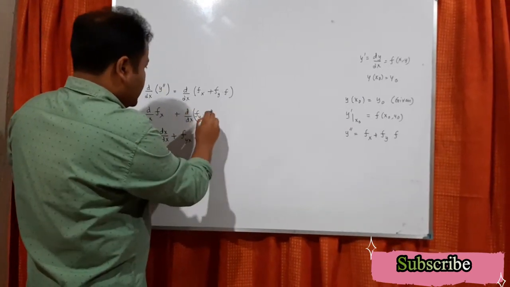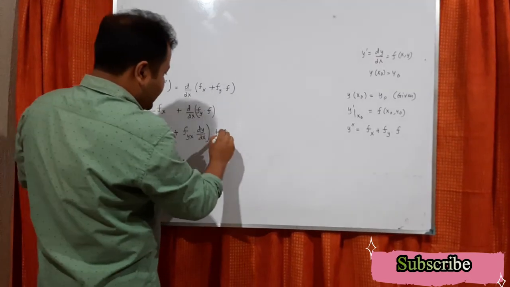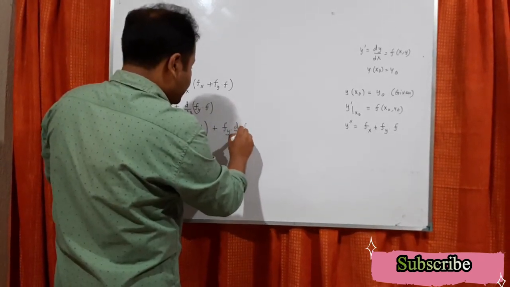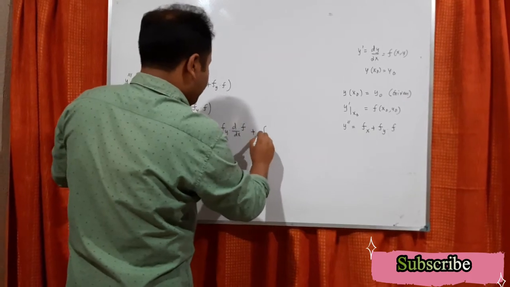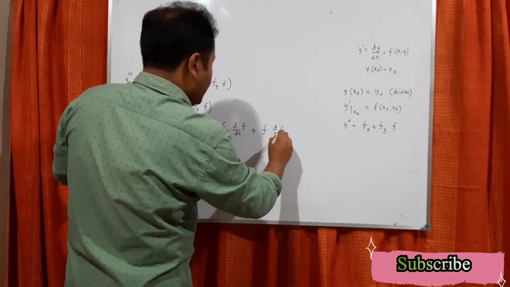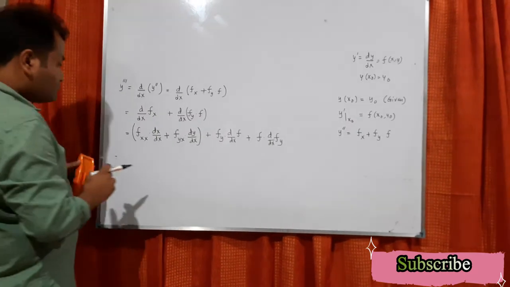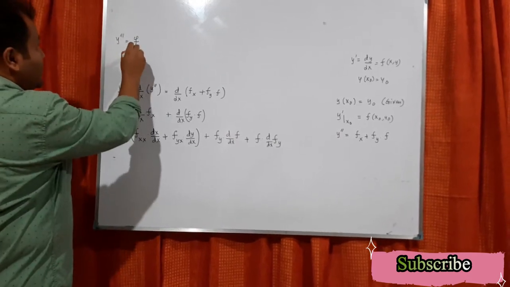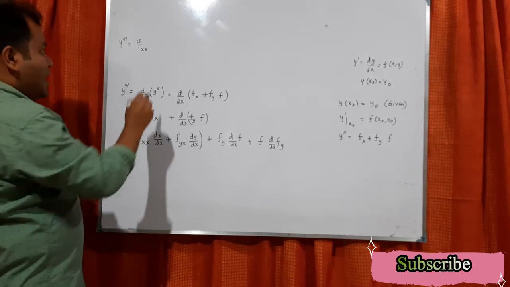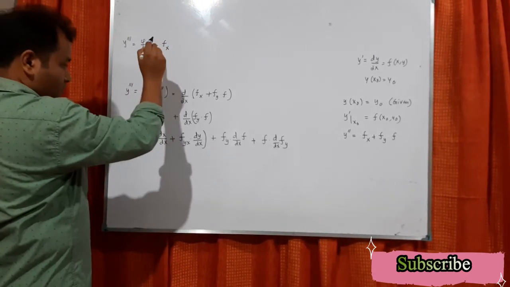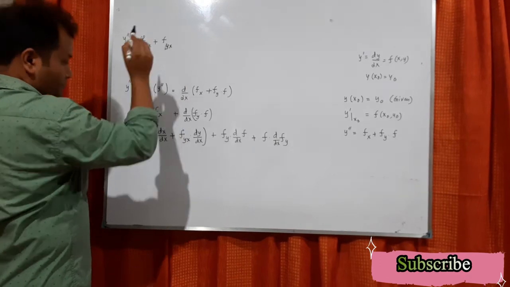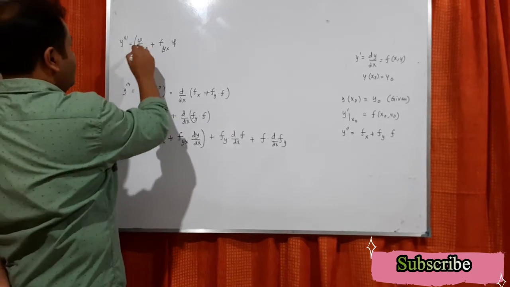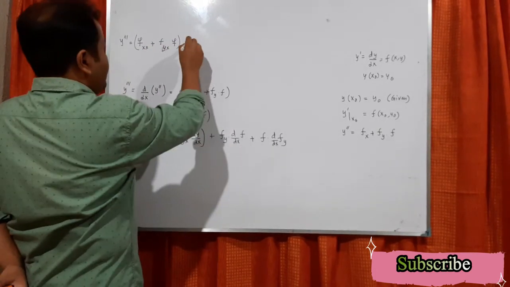Plus, the second is in u into v form, so keep f_y constant and differentiate f, then keep f constant and differentiate f_y. If I simplify, for y triple dash we have got f_xx, since dx dx is 1, plus f_yx into dy dx, which is again f. So the first term we have got.